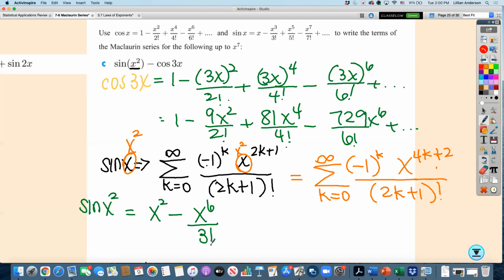Now, if I were to plug in 2, that's going to take me to a term where my exponent for my variable is going to be larger than x to the 7. So technically, I don't need the rest of the terms because I have what I need to add, or actually subtract, sine x squared from a cosine 3x.